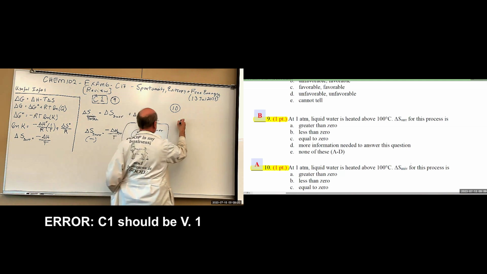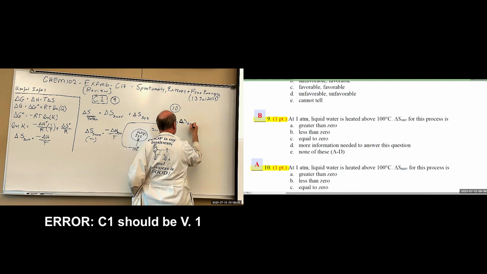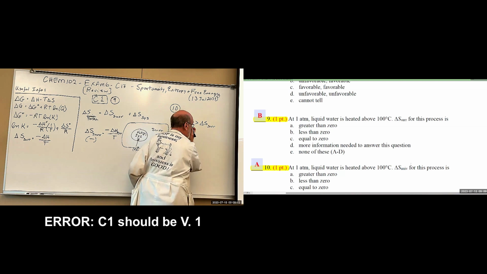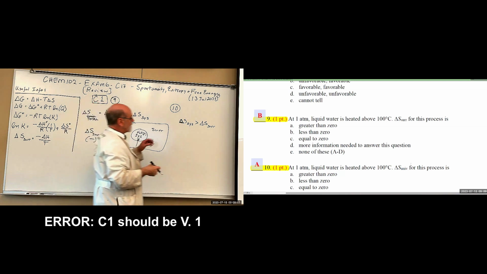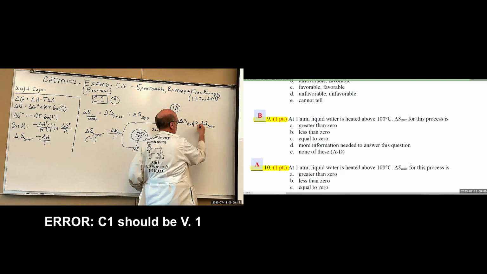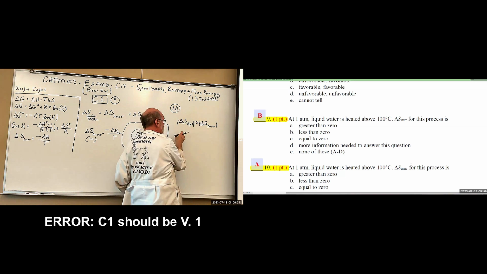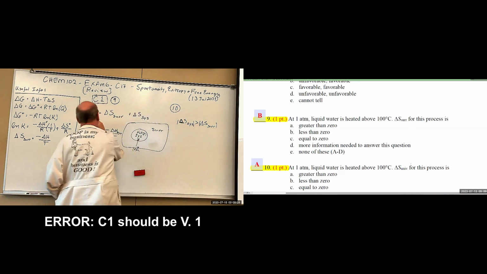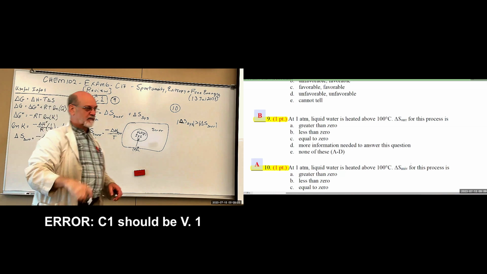Delta S for the system under these circumstances is greater than the delta S for the surroundings. In absolute value, the amount that the system is getting is greater than that the surroundings is losing, and that makes this value positive, greater than 0.